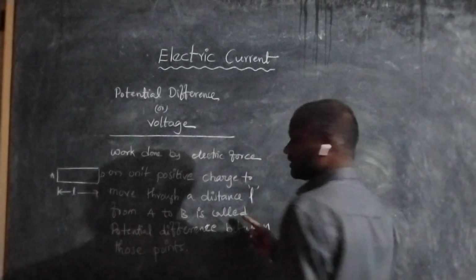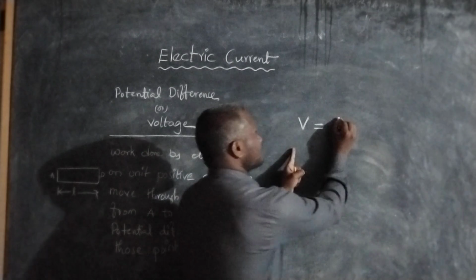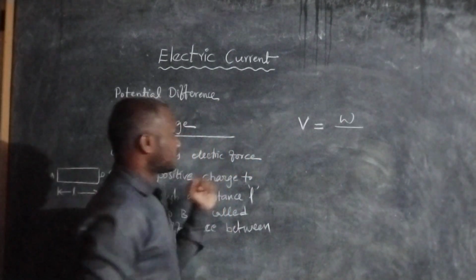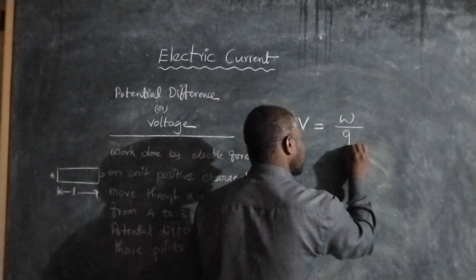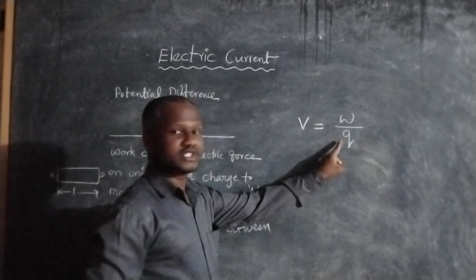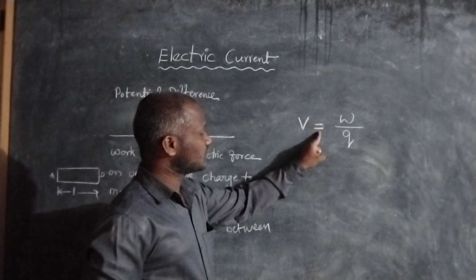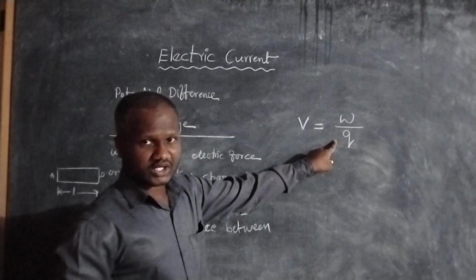And in definition now, we said work done by electric force on unit positive charge. Already I explained in the previous video, charge is represented with symbol Q. Okay, so finally V is equal to, that means potential difference is equal to work by charge.